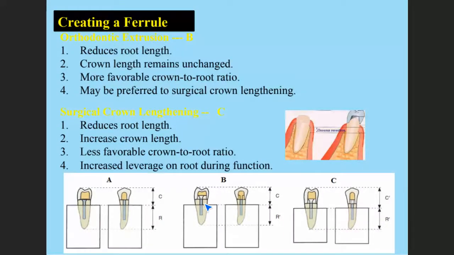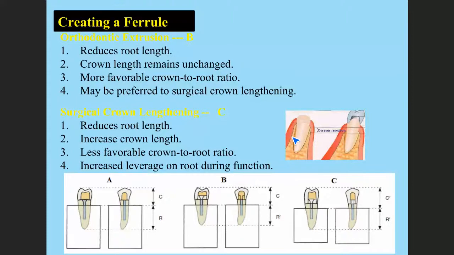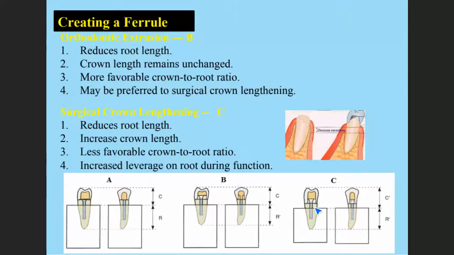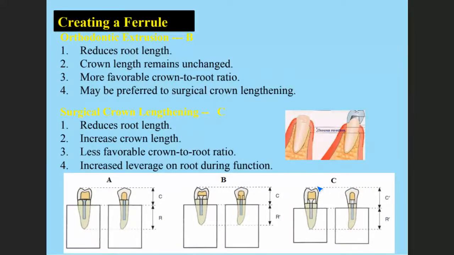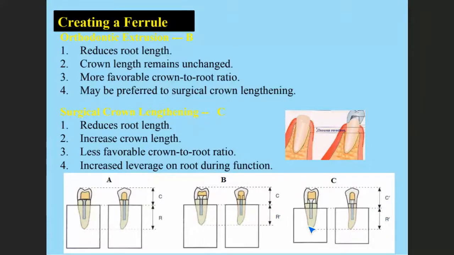If we are going to do crown lengthening, we will cut bone. So the root length will be reduced, but at the same time, the clinical crown height will be increased. When you are measuring the root length, you do not measure from the cemento-enamel junction. You measure the length from the crest of the bone. So the length of the root is only the part of the root which is embedded in the bone.